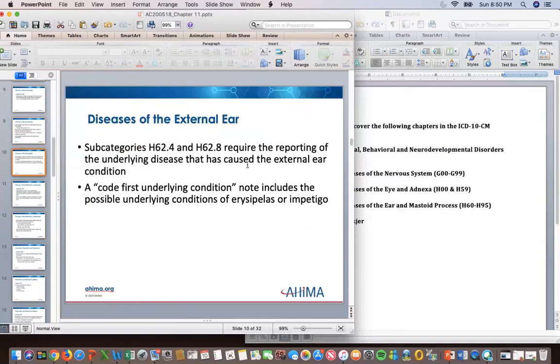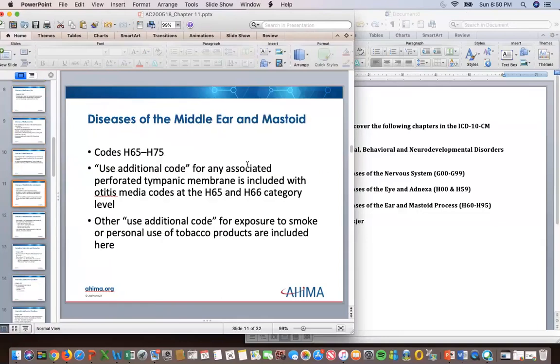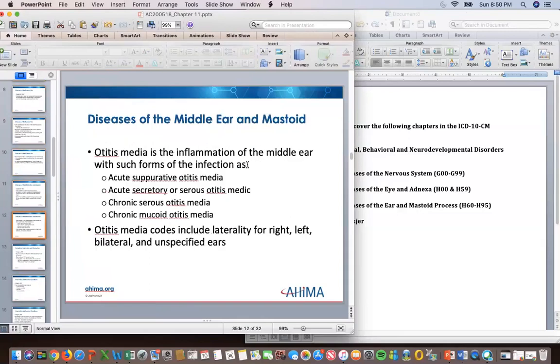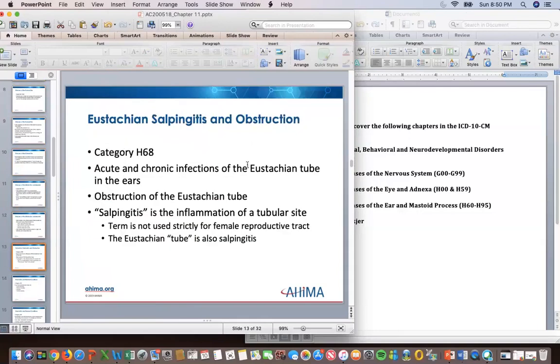A code first underlying condition note includes the possible underlying conditions of the ear, such as erysipelas or impetigo. We have the codes H65 to H75, with use additional code for both of those. Otitis media, again, if you have children, you probably have had at least one or two incidents of otitis media.